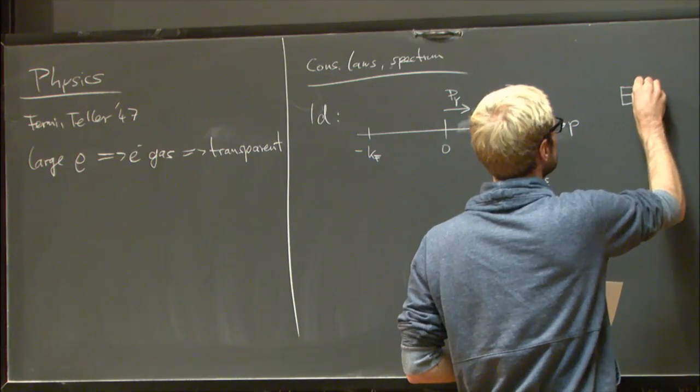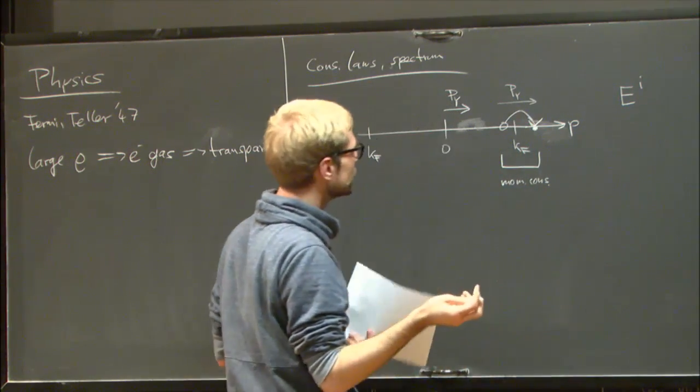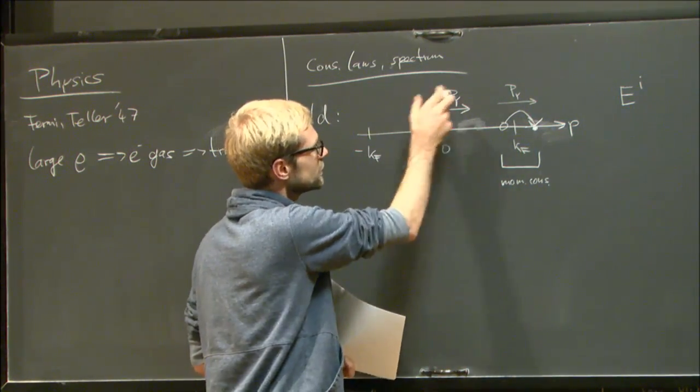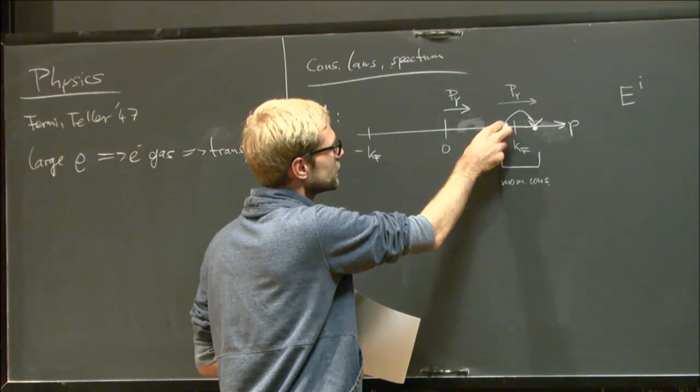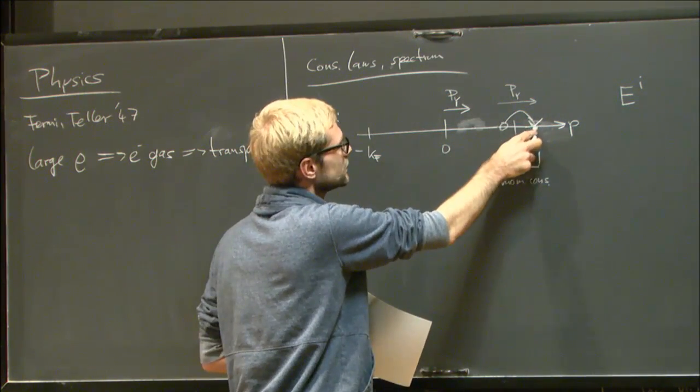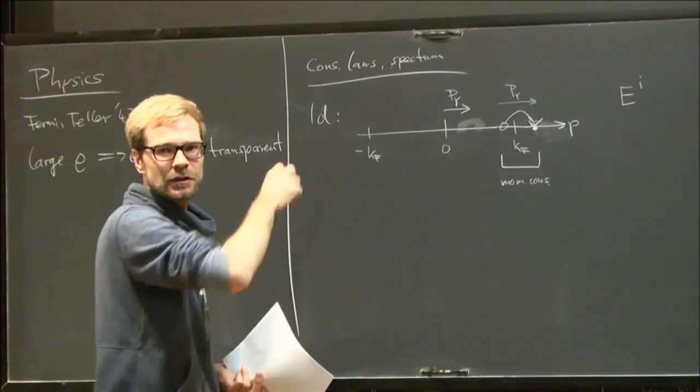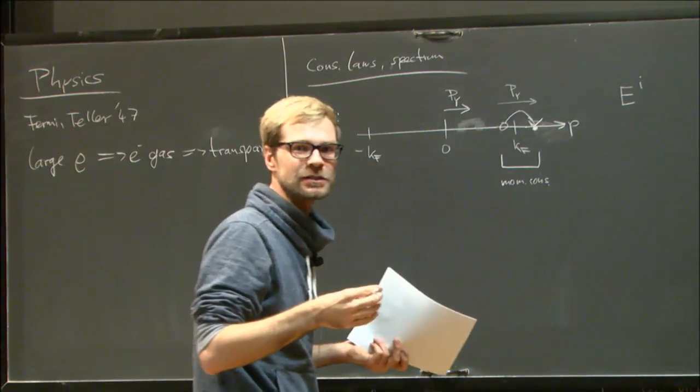Let's look at one of these transitions. Suppose you have here the tracer particle. It collides with one of the particles in the gas, leaves a hole behind, and makes an extra particle outside of the Fermi sea. What are the corresponding energies?